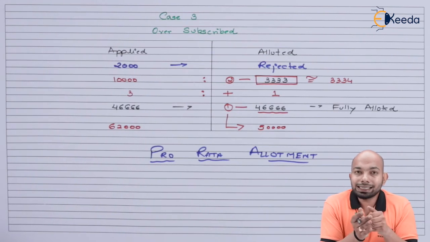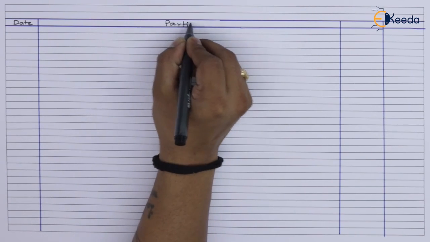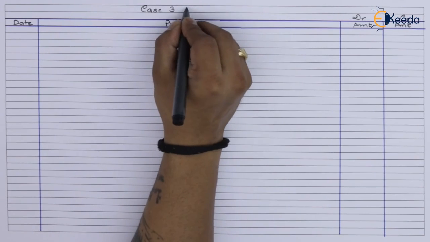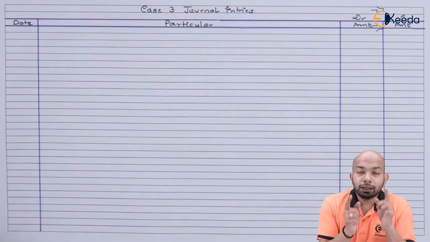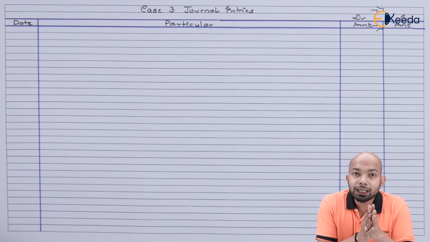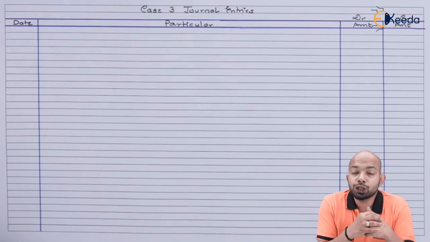Now using all these details, we'll go ahead and figure out the journal entries for case 3. The first entry that we will be passing here is the receipt of application money. We have received application money for the whole amount. After that, we'll be passing the entry for the rejected shares.